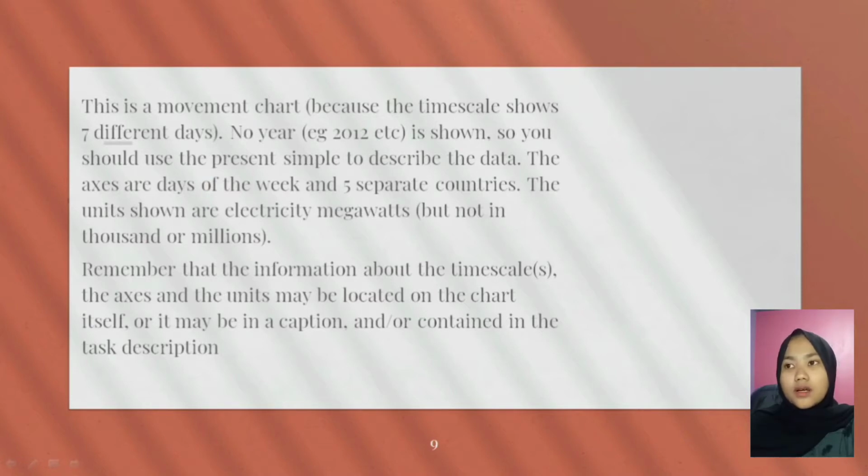The units shown are electricity, megawatts, but not in thousands or millions. Remember that the information about the time scale, the X axis and the units may be located on the chart itself, or it may be in a caption and or contained in the text description.